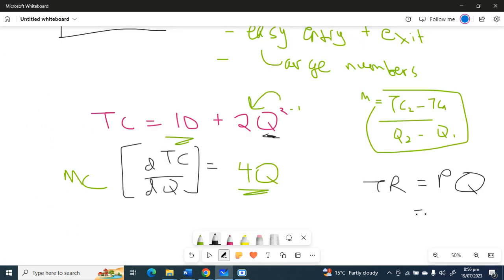We've been given the selling price, 40 kwacha, times Q, that's going to be 40Q.